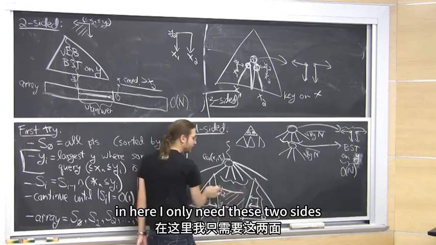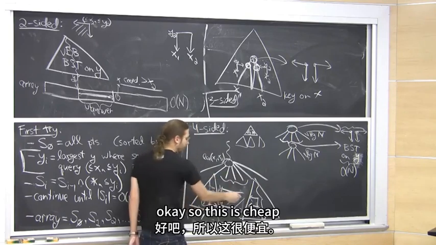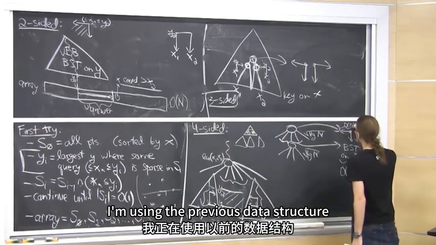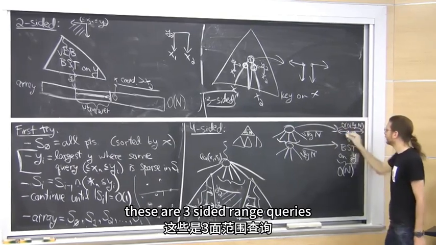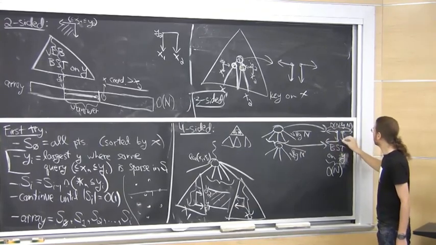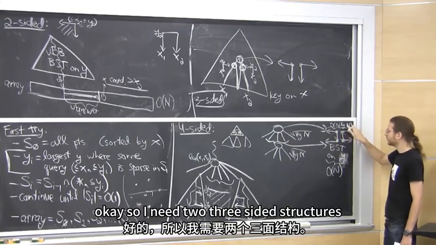In here, I only need these 2 sides because I've already got x1 and x2 covered. So this is cheap. I only need a linear space data structure. This thing is not so cheap. I'm using the previous data structure, which has n log n size. These are 3-sided range queries. Sorry for drawing it wrong. So I need 2 3-sided structures.